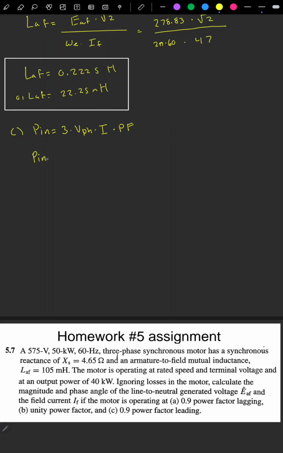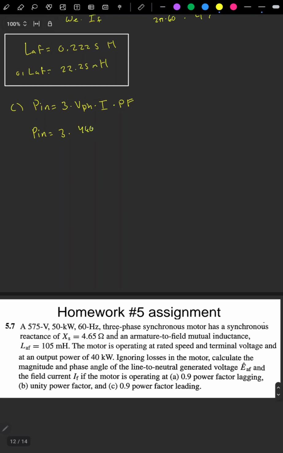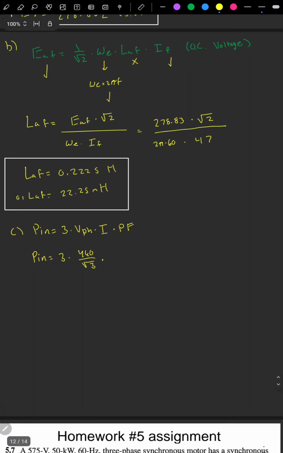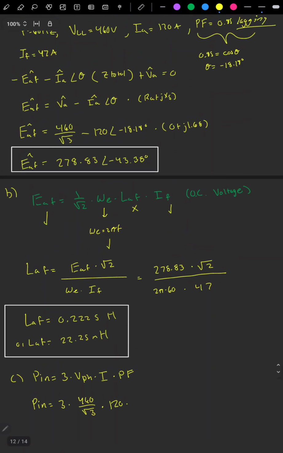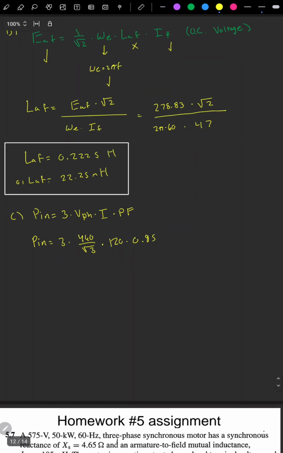So P in equals 3 times 460 over the square root of 3 times our I, which we already know is 120. Also times our power factor, which we know is 0.95.